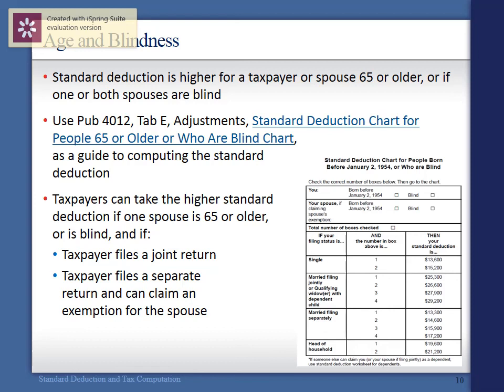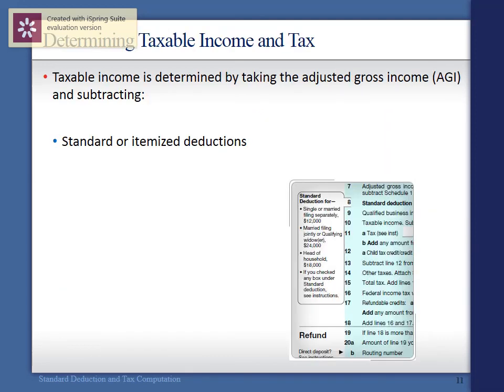One could be age, and age would be an individual who is 65 or older. Second would be if they are blind. So if an individual is over the age of 65, or if the individual meets the federal definition of being blind, they are allowed an additional or increased standard deduction, as you see listed here on this particular chart, which could be either $1,300 or $1,600.